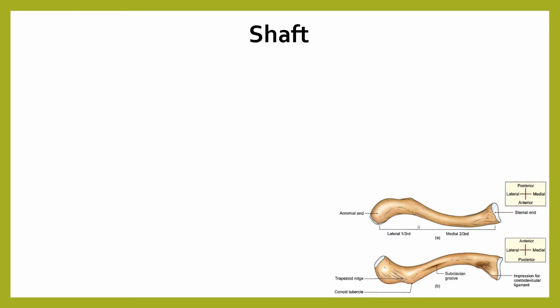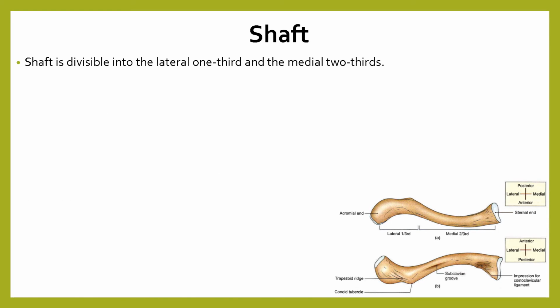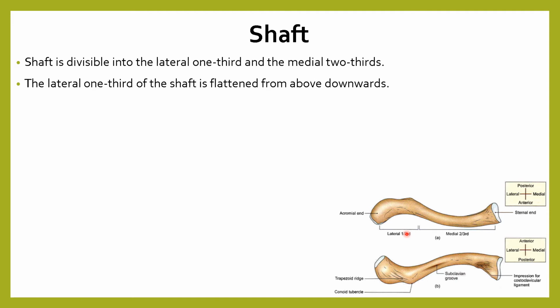Shaft. The shaft is divided into two parts, medial two-third and lateral one-third. Lateral one-third of the shaft is flattened from above downward. It has two borders, anterior border and posterior border, and superior surface and inferior surface.